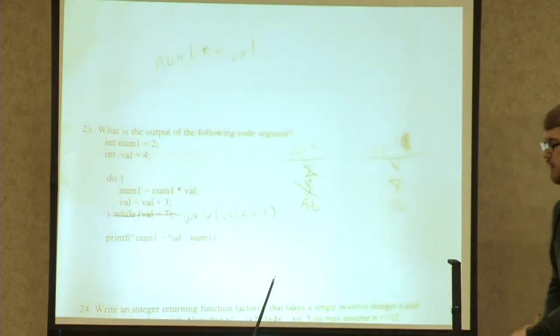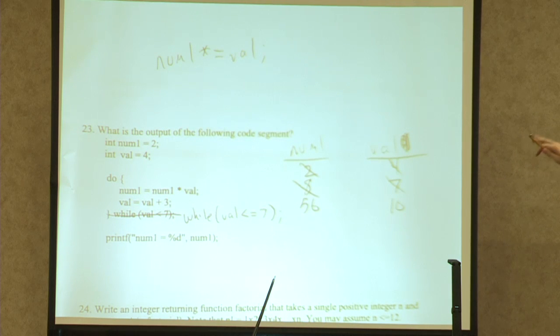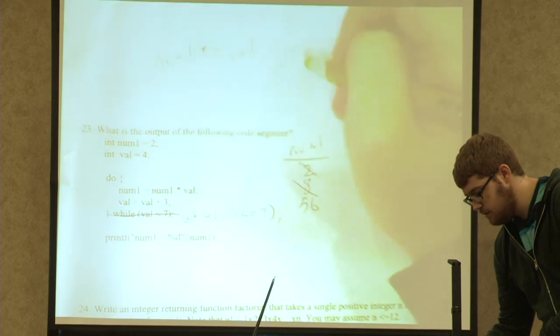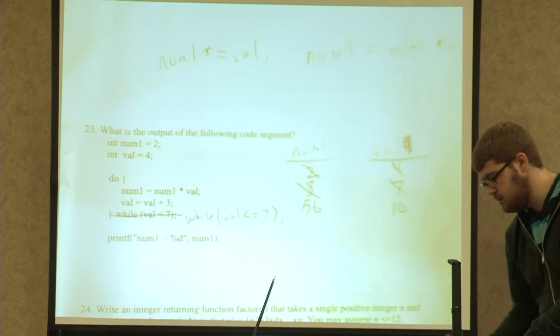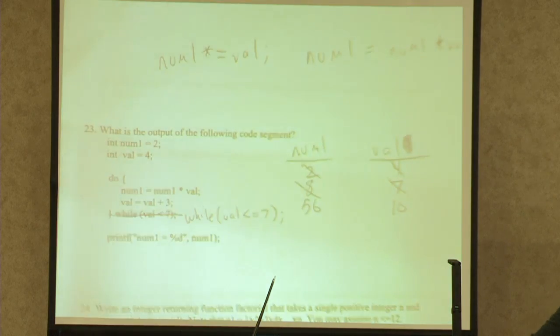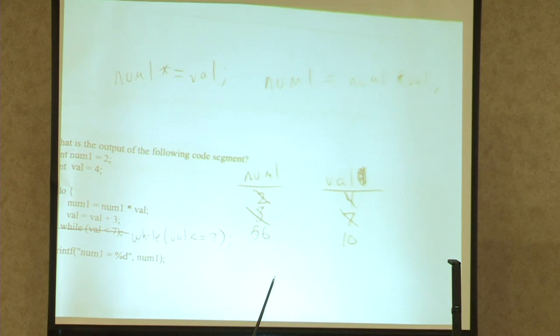Okay, so anytime you see that, it could be plus equals, minus equals, divide equals. That just means this: num1 equals num1 times value. So that just means take what's currently in there, times the value, and then assign it to that first one.